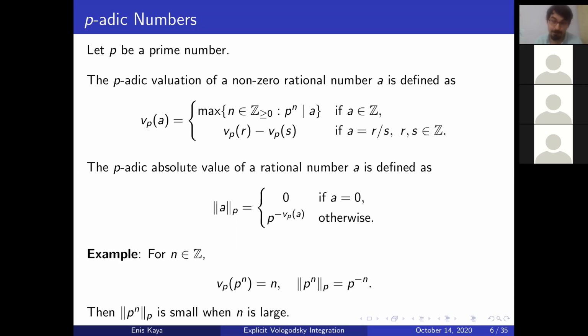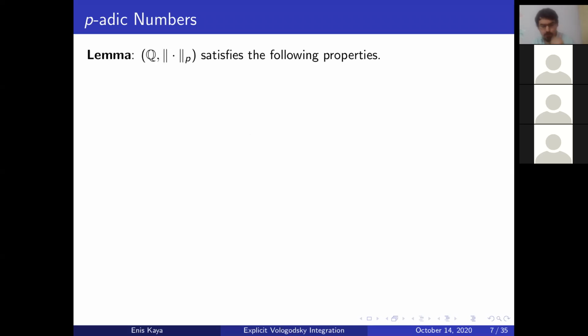Okay, so we have a space Q on which we defined an absolute value. These are the properties. The p-adic absolute value of A is 0, sorry, there is a typo here. It's 0 if and only if A is 0. And it is multiplicative.